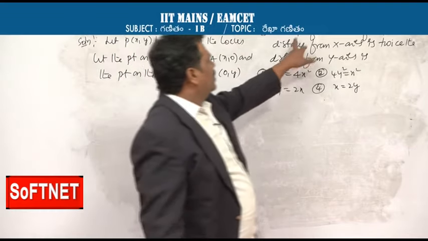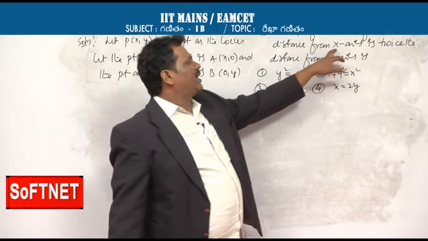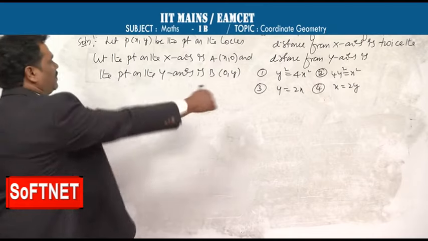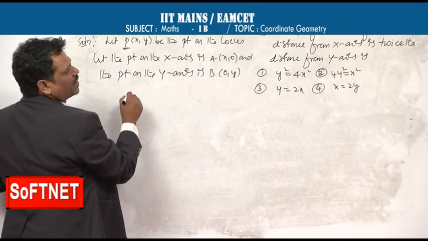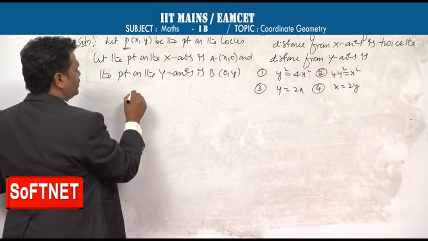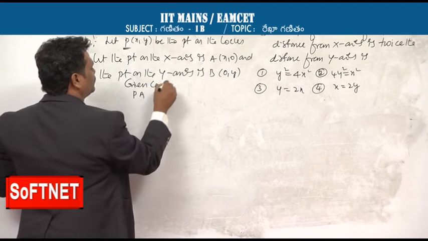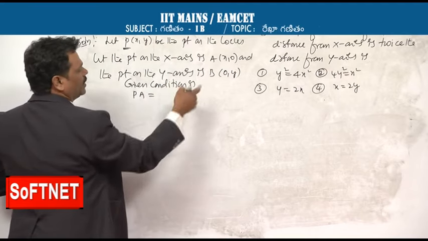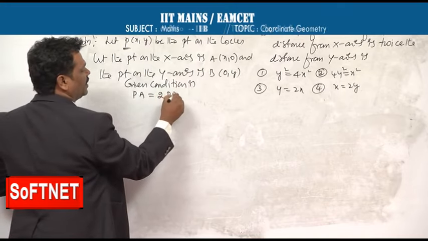So here the given thing says that the locus of the point whose distance from the x axis is twice the distance from the y axis. So the distance of the point from the x axis is PA, and the given condition is PA equal to twice the distance from P to the y axis, that means PB.